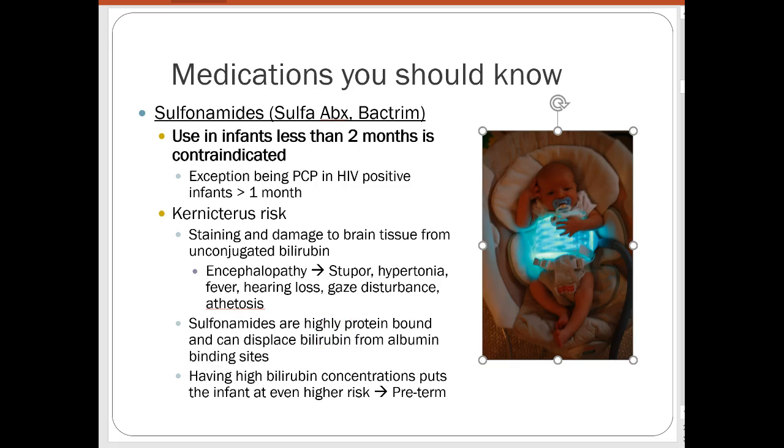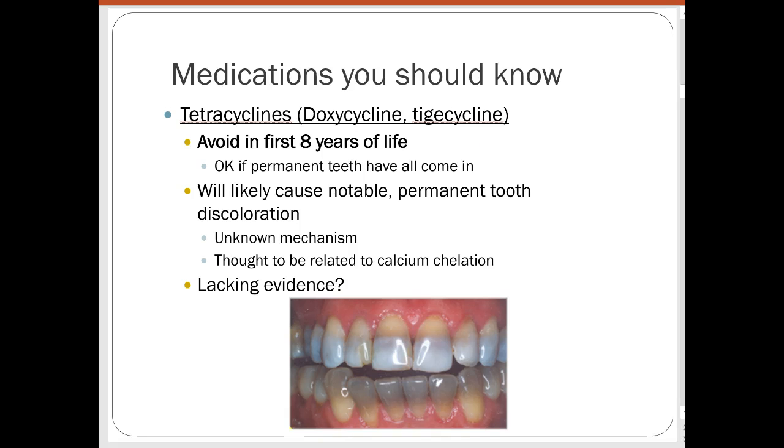Tetracyclines, we kind of talked about this already. If you remember back to the fall, about the first 8 years of life with the teeth staining thing, this is probably not actually true based on some of the more recent studies, and it's being used again for diseases that we really want to use doxycycline for, like Lyme disease or babesiosis, or is that Rocky Mountain spotted fever?